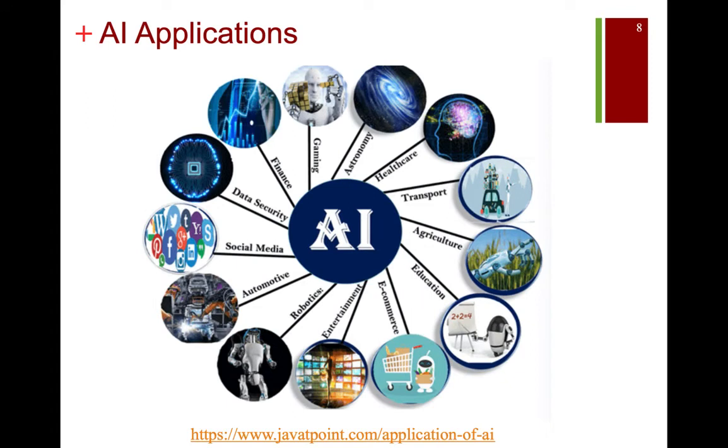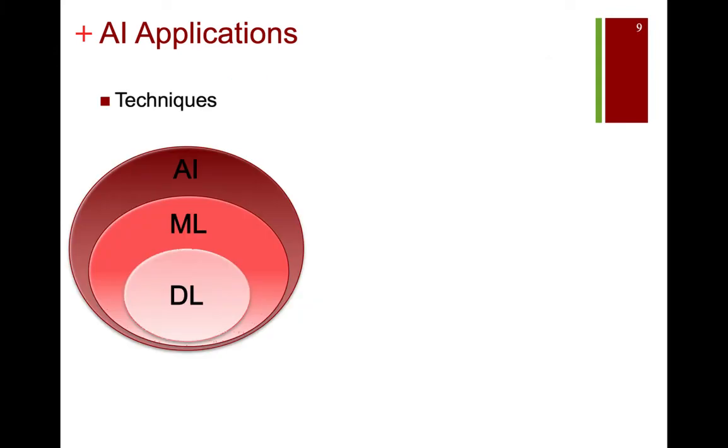So, what kind of techniques are there in the AI field? When we talk about AI, many people will also come up with machine learning and deep learning, thinking that they're the same thing. But actually, AI is a much broader field, and it includes machine learning, and deep learning is just a sub-area of machine learning.